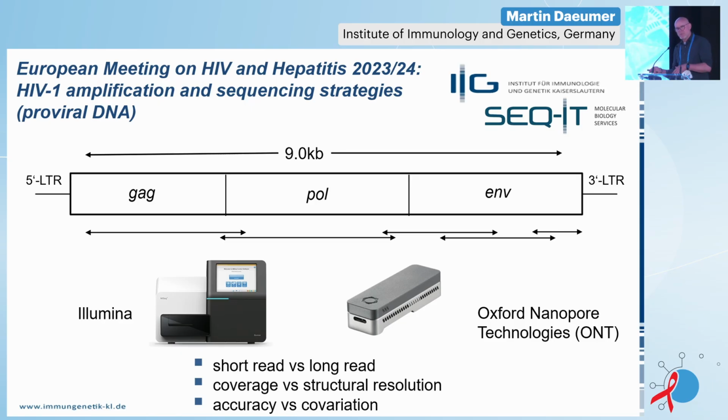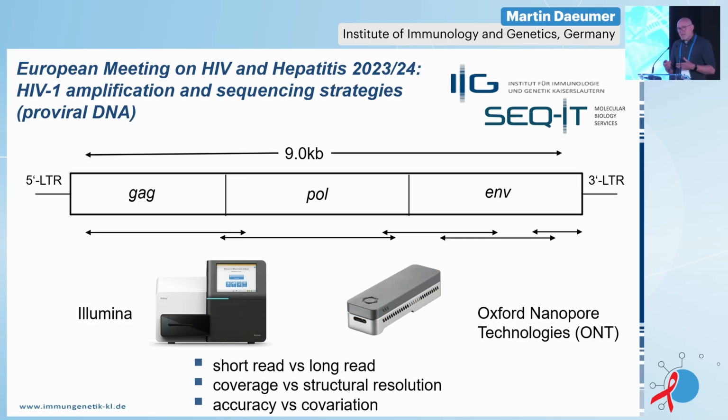You can do this either by using just one fragment, one amplicon, or overlapping amplicons. In the case of using one amplicon, you should definitely use a long-range sequencing strategy, which maybe can be Oxford Nanopore.